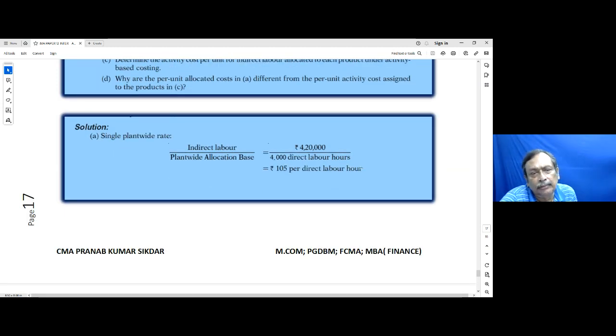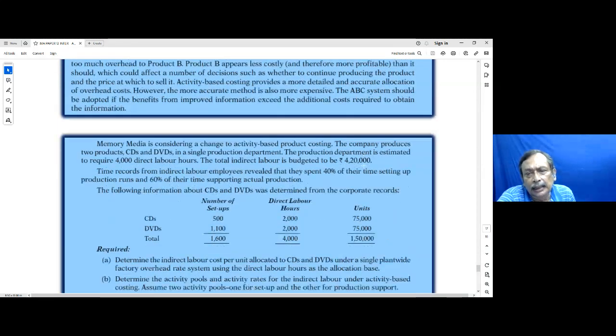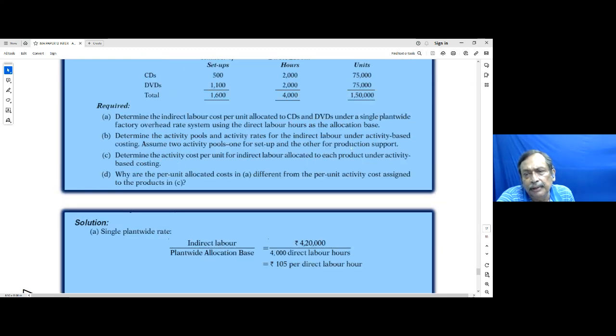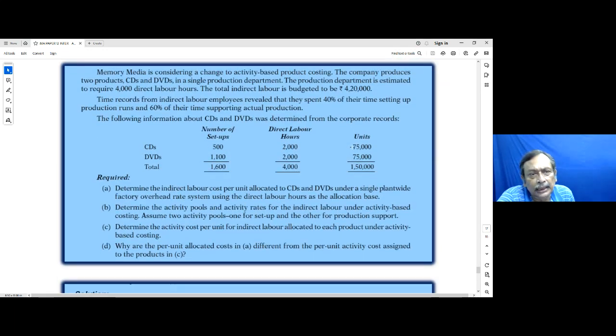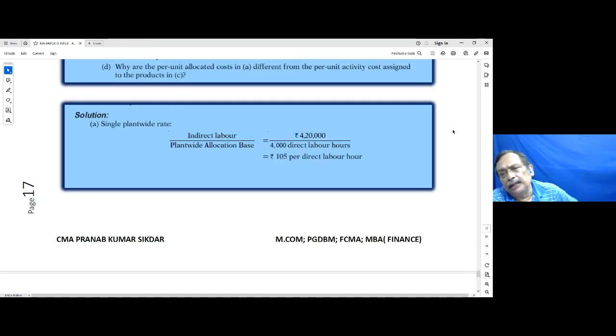Single plant-wide rate: indirect labor is given as 4,20,000 and it should be divided by 4,000 direct labor hours, so 4,20,000 divided by 4,000 direct labor hours gives rupees 105 per direct labor hour. So that is the single plant-wide rate.